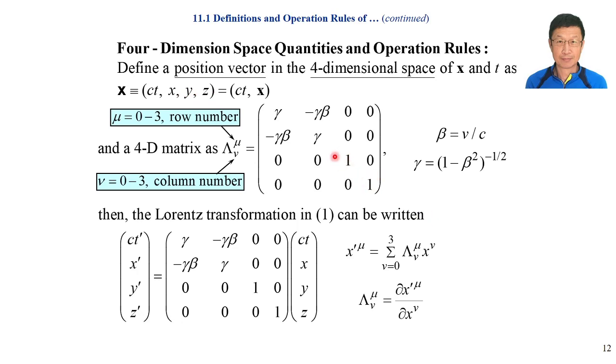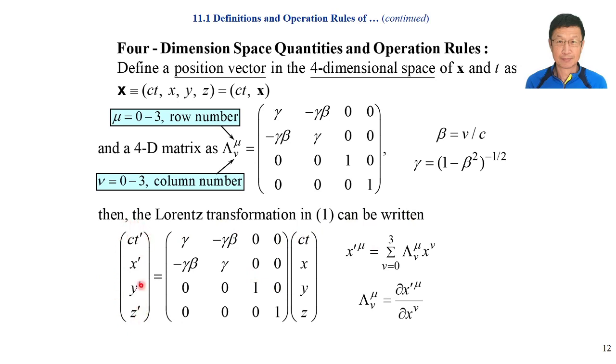Some people simplify this notation to two dimensions, x and t, but it's not convenient. Therefore, we still keep four, including two unchanged components. So the Lorentz transformation in 1 can be written in this form.